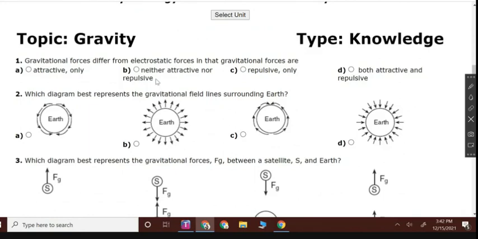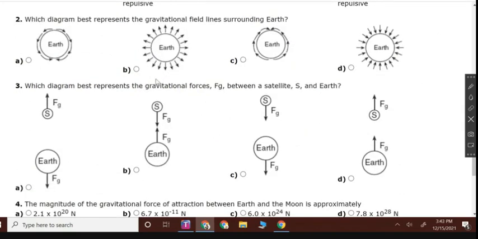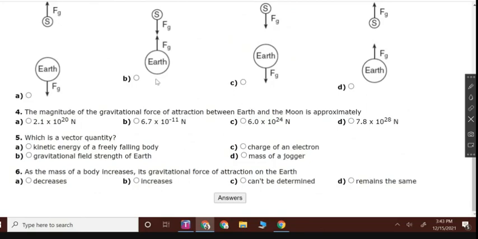I like this one over here too. Look at choice B. It's an attractive force. They're equal but opposite. And don't worry about 4, because that's a plug-in. Gravity is a force that has a direction.